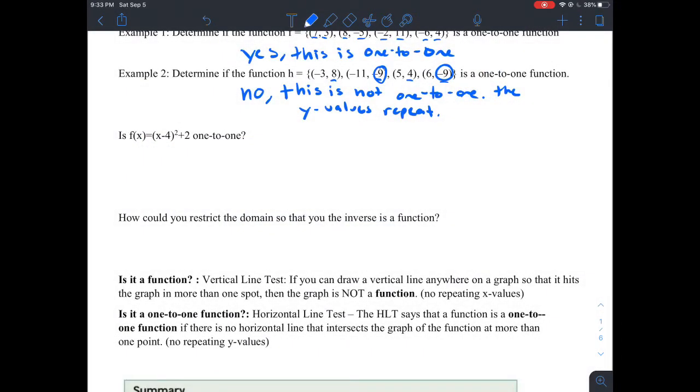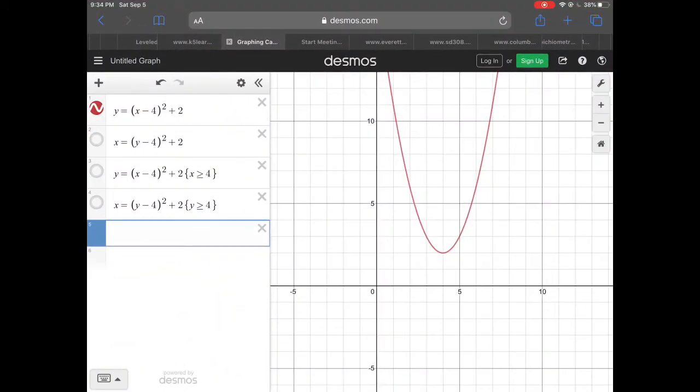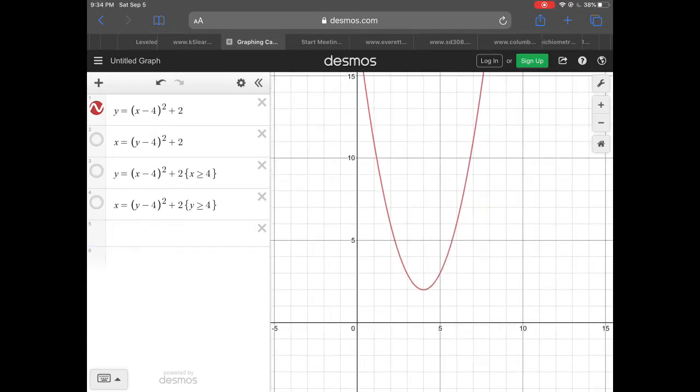The next question says, is f of x equals (x minus 4) squared plus 2 one-to-one? So let's go ahead and graph this. I graphed (x minus 4) squared plus 2. And if you recall, the rule is that you cannot have y values that repeat. Another way to look for this is doing that horizontal line test that we talked about.